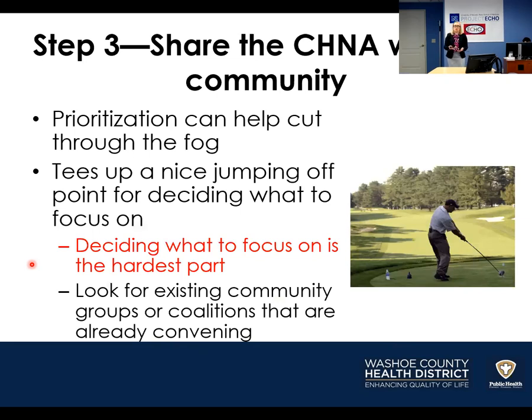And that existing coalition, we were able to tap into to help us do the work of figuring out what health needs to focus on. So if you're in a community that has that coalition, that's a great venue to start having those discussions and to help make those decisions on what health needs to focus on in your CHIP.